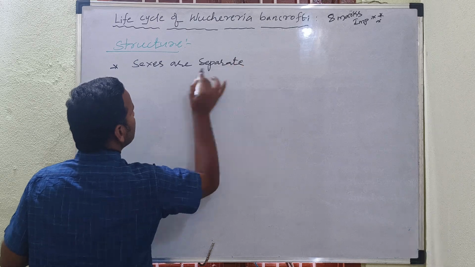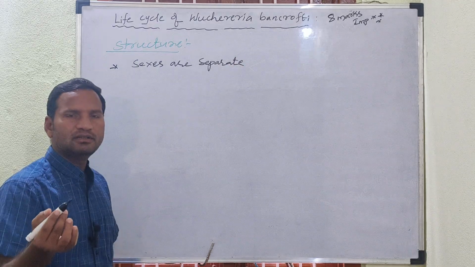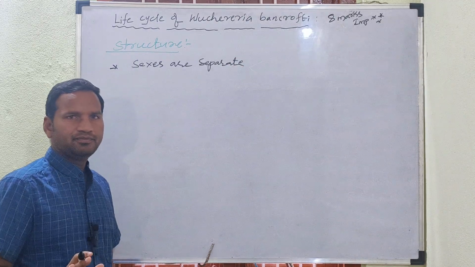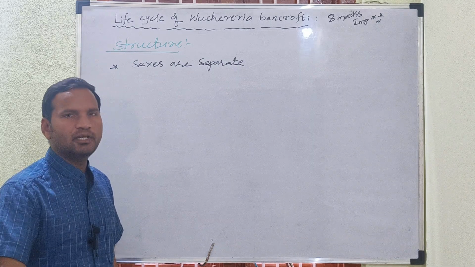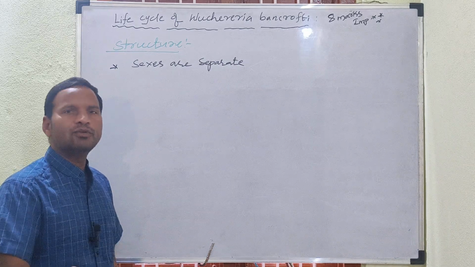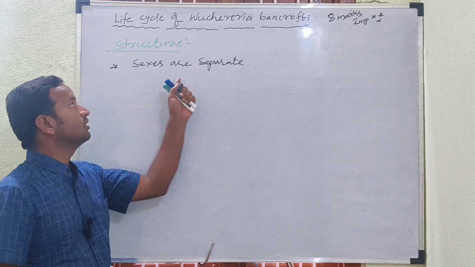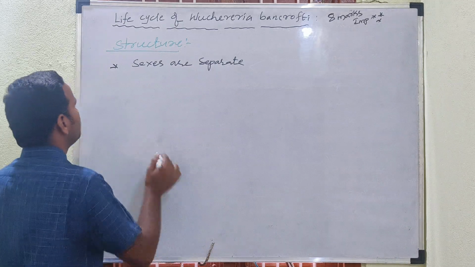Do you know the meaning of sexes are separate? Both males and females are separate, so the females produce female gametes and the males produce male gametes.